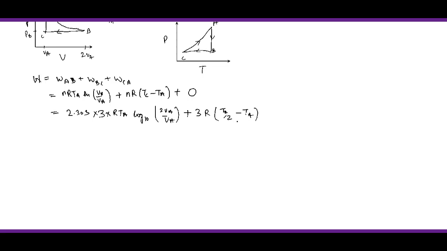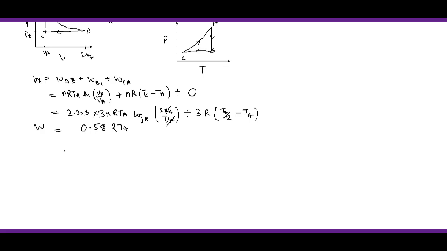If we solve this, this minus TA will be nothing but minus TA by 2. After solving, we will get 0.58 R into TA. The V will get cancelled, this TA will remain, and here also RTA, so the work done will be the same.